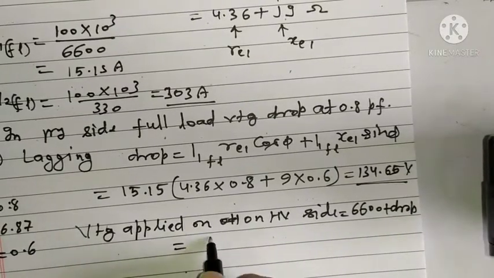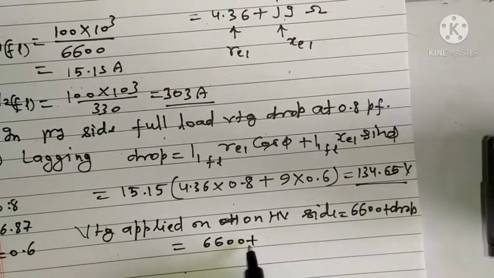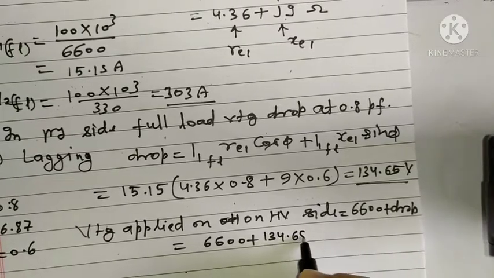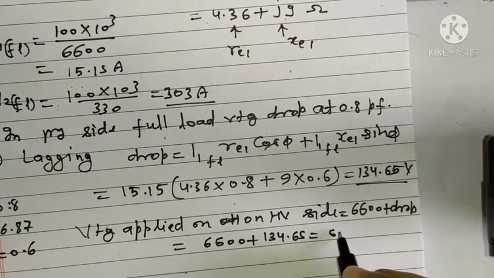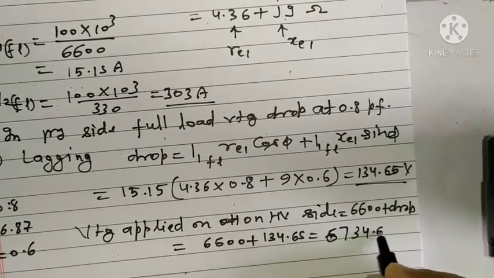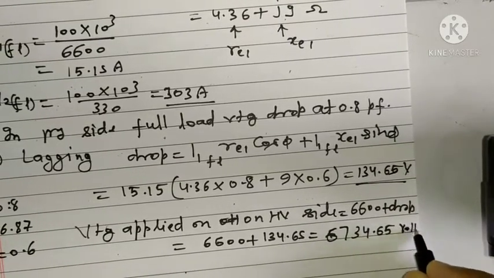So it is 6600 plus 134.65, so it comes as 6734.65 volt. So this is the first answer.